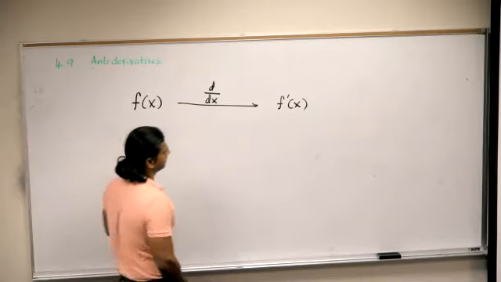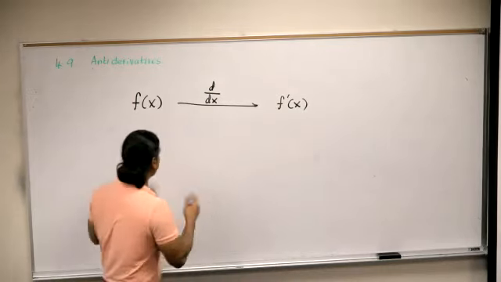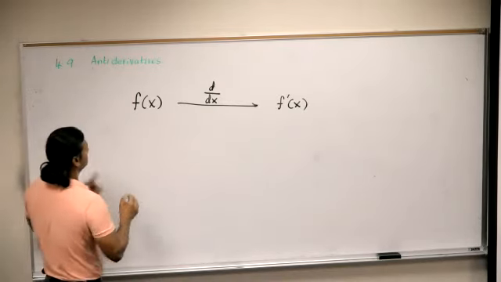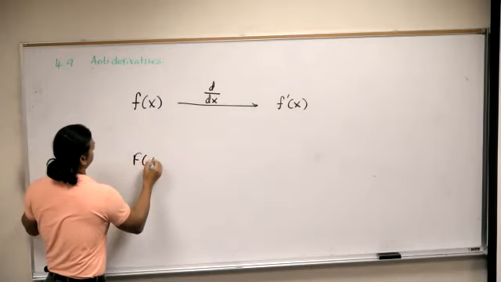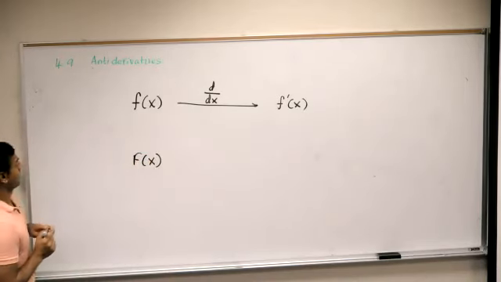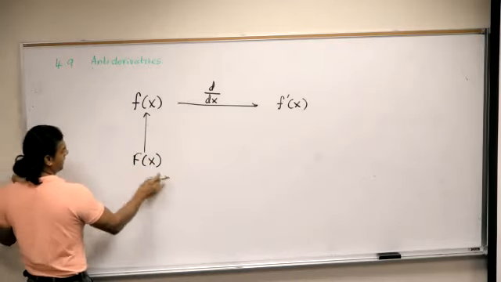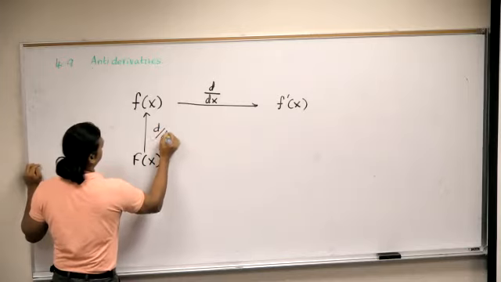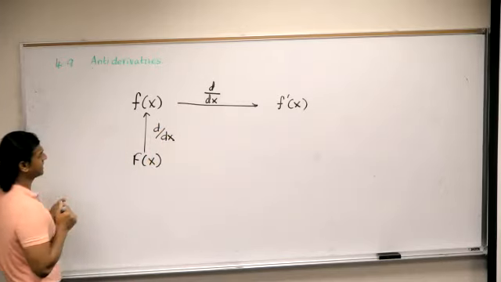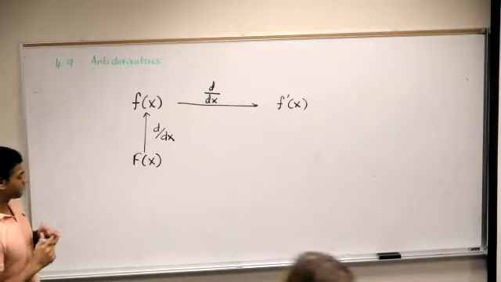So I could call this some function uppercase F of x. If I take the derivative of the uppercase F of x, I should get the function lowercase f of x. What does it mean?